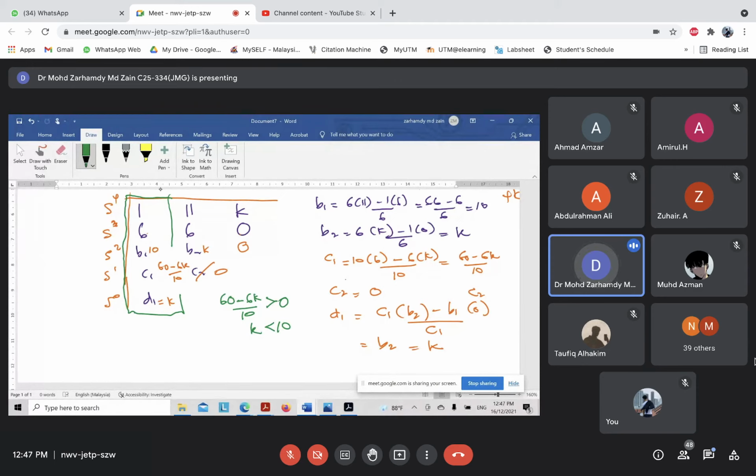Another one, we have D1 equal to K, so K must be greater than 0. So now the range of our controller gain is greater than 0 and less than 10.